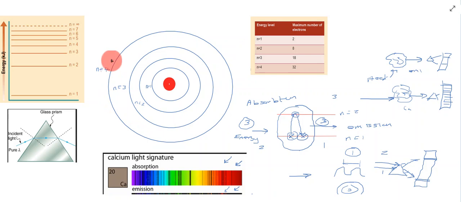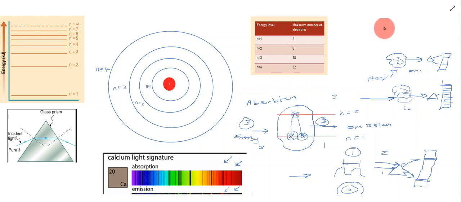Now, what Bohr started to discover was that within each of these energy levels, you can only have a maximum number of electrons. And this table here shows how many electrons you can have in each of these energy levels.